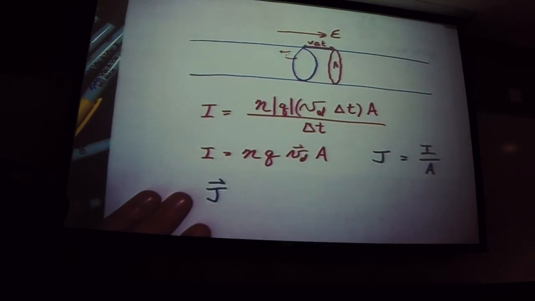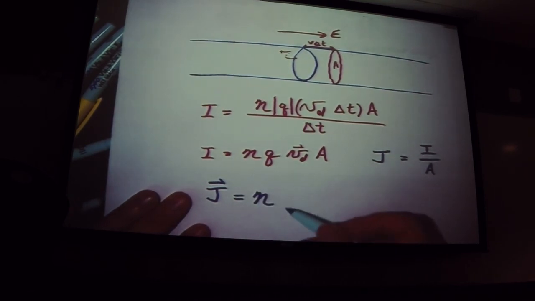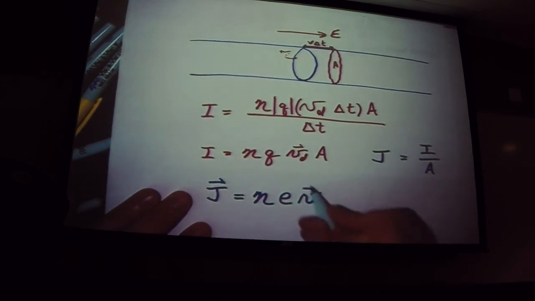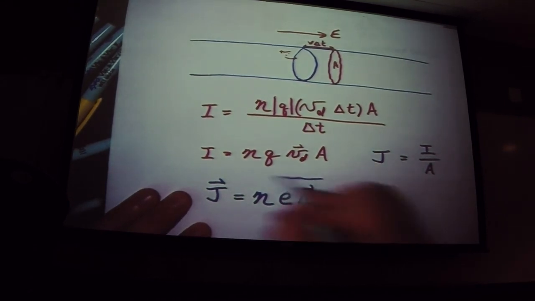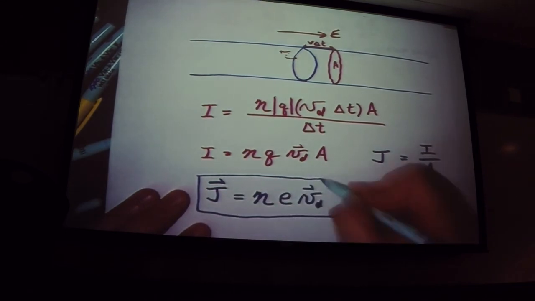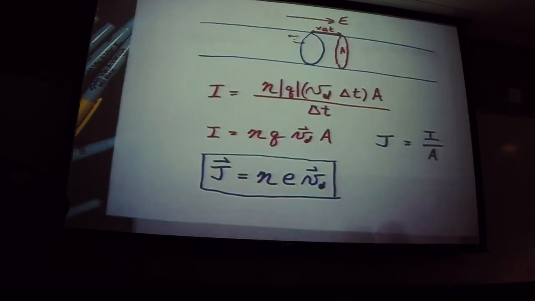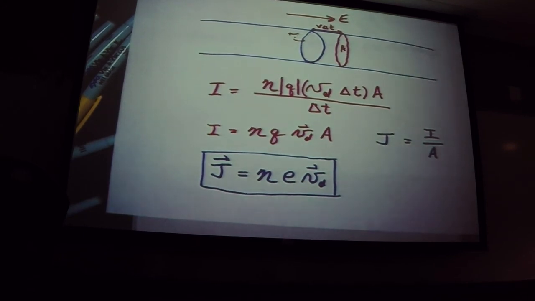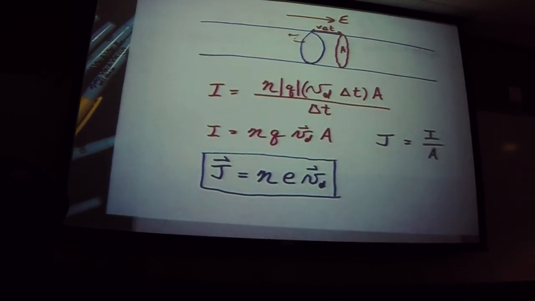On a microscopic level, the current density J is equal to the density of your charge carriers, n, multiplied by the charge of each one, which in this case I'll just say is e, multiplied by the drift velocity, Vd. There you go, that's current density on a microscopic level.